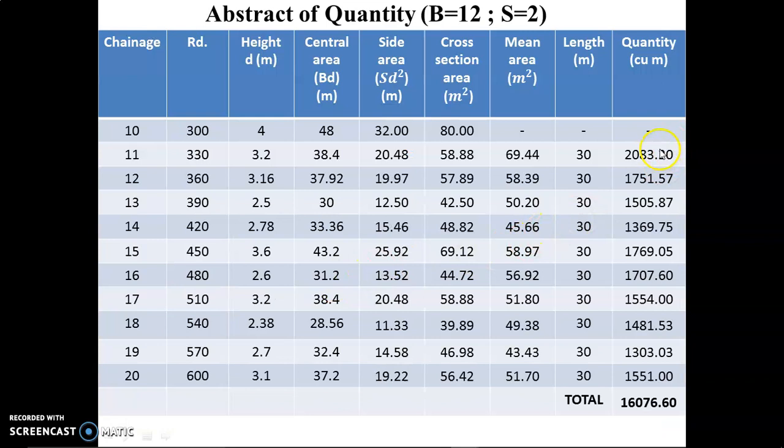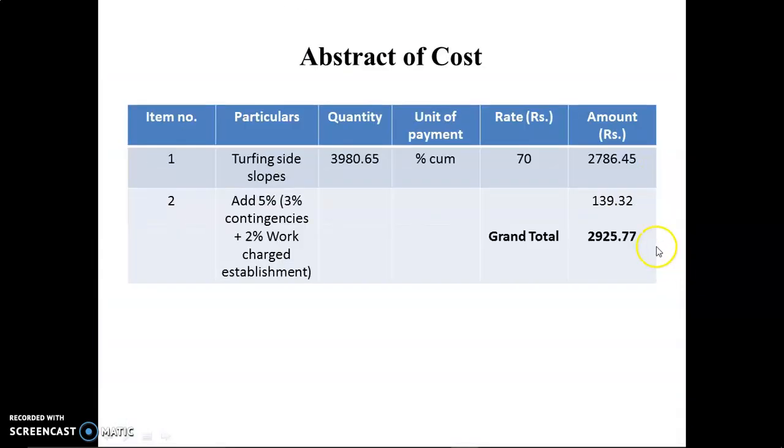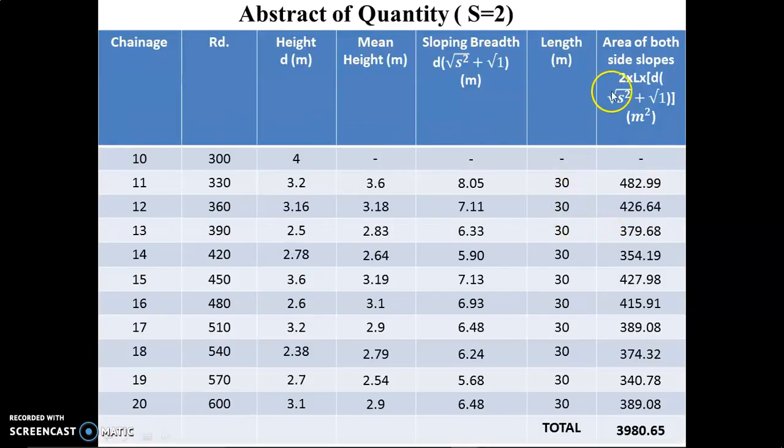Here we assume there is a 1 meter thickness, and we find the area, but after that we have to multiply with thickness. No thickness is given, so we assume a 1 meter thickness and multiply with it.